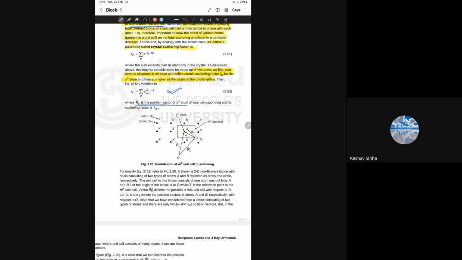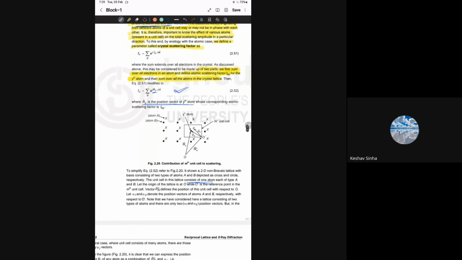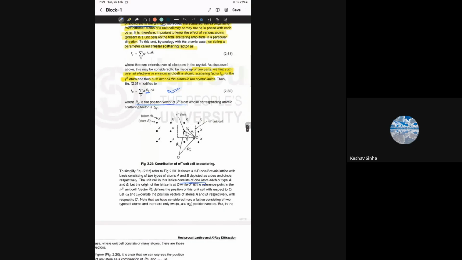The unit cell in this lattice consists of one atom each of type A and B. Let the origin of the lattice be at O, while O prime is the reference point on the mth unit cell.